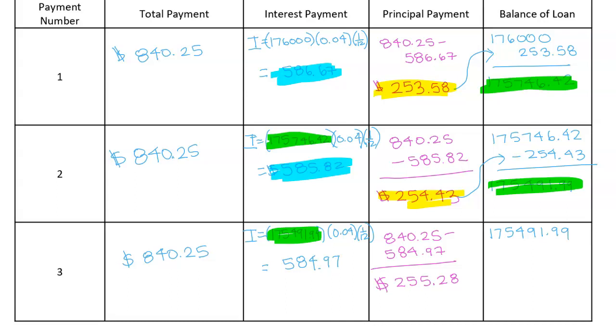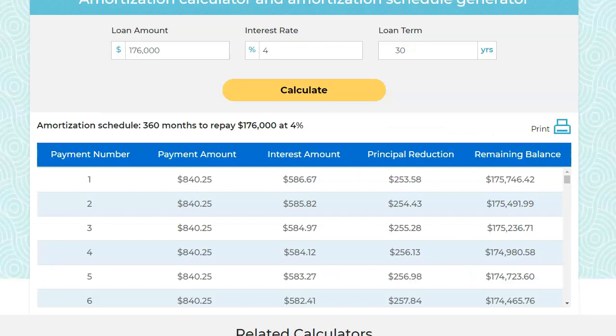That was $175,491.99. And I'm going to subtract off the principal amount, $255.28. I get $175,236.71. You'll notice that those numbers that we just calculated match what was on this amortization schedule.